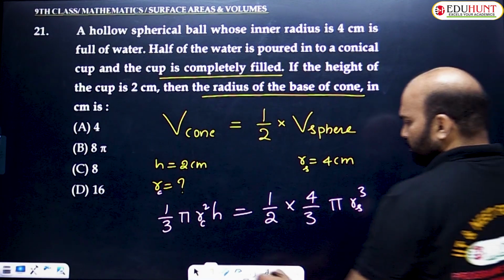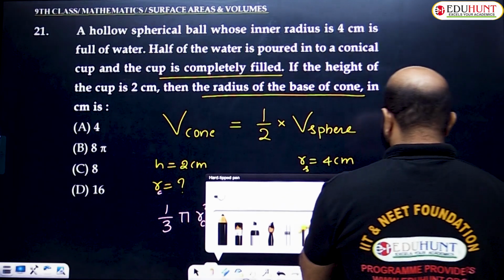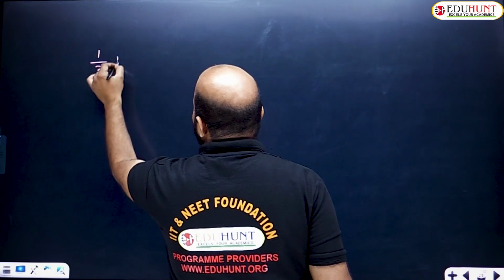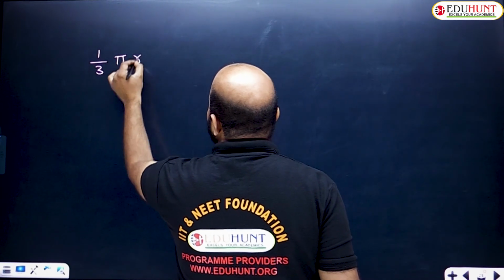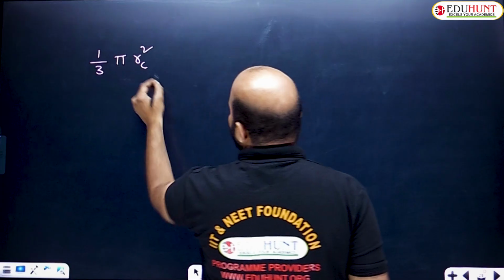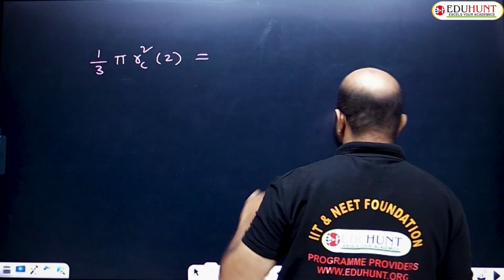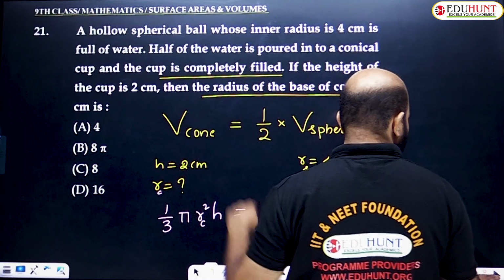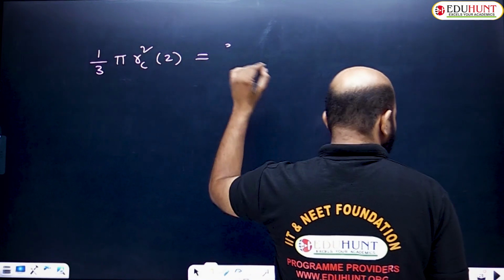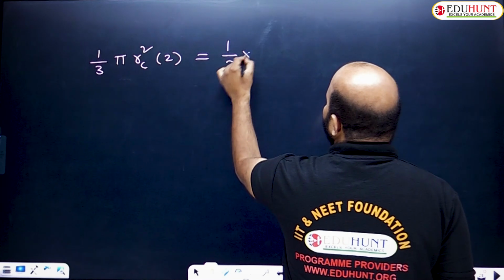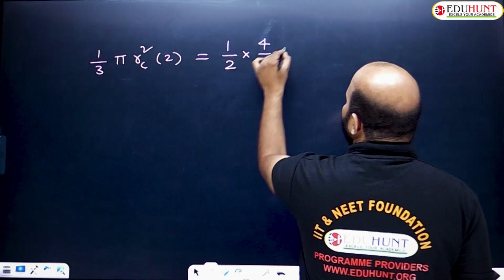4 centimeters given. So firstly, it can be written as 1/3 pi into R square, where the radius of the cone we don't know, that will be asked at the final, and the height given is 2 centimeters, equals half into 4/3 pi R cube.